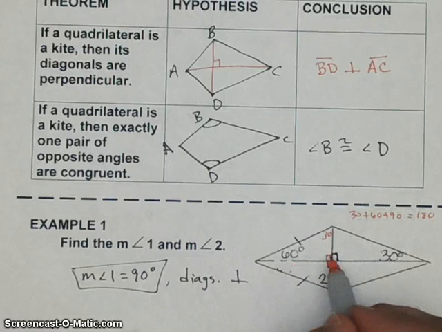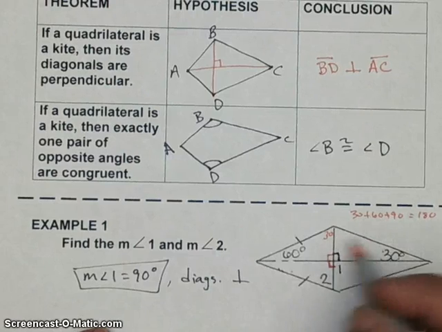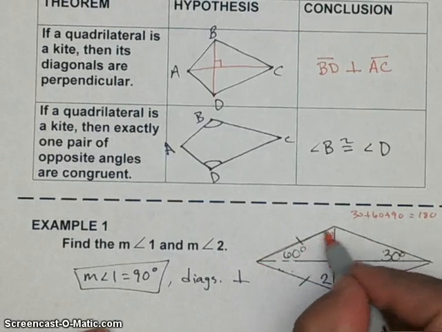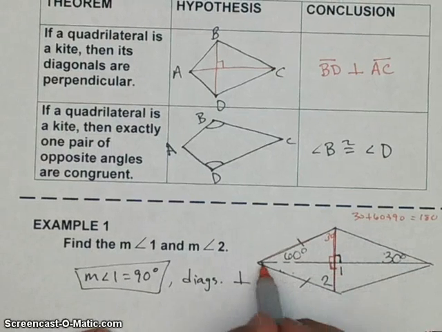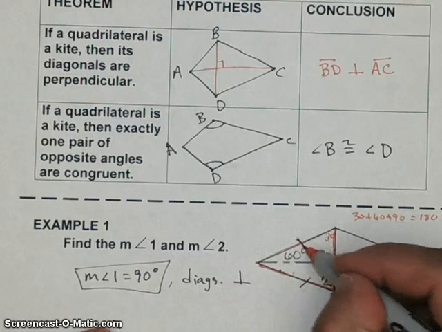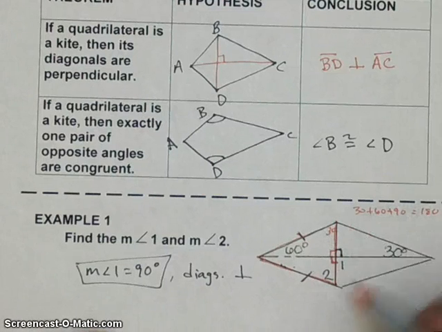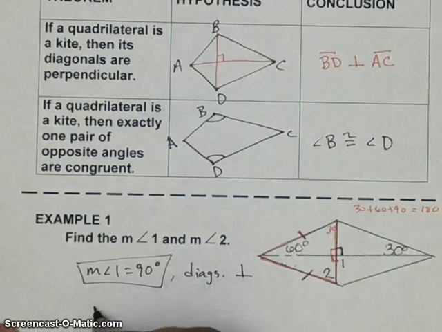Right, so 60 plus 90, subtract from 180, you get 30. Now this right here creates an isosceles triangle, and I know that because these two sides are congruent. If this angle up top is 30 degrees, the measure of angle 2 is also going to be 30 degrees.